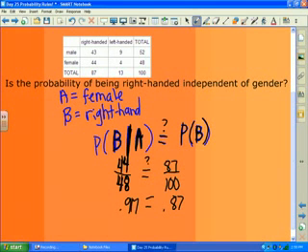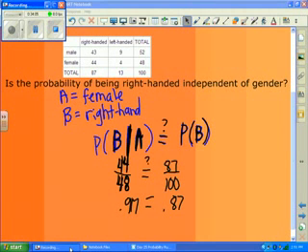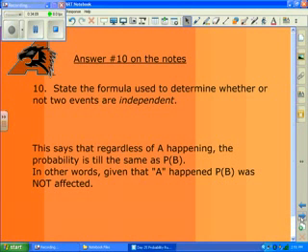So what would you say? That being right-handed is not independent of gender. You are more likely to be right-handed if you are a female. Okay, well, we don't know about that, but I could go through the process of being a male and see that. Well, when it's only like 4 left-handed females, that's all the number is going to be off by.